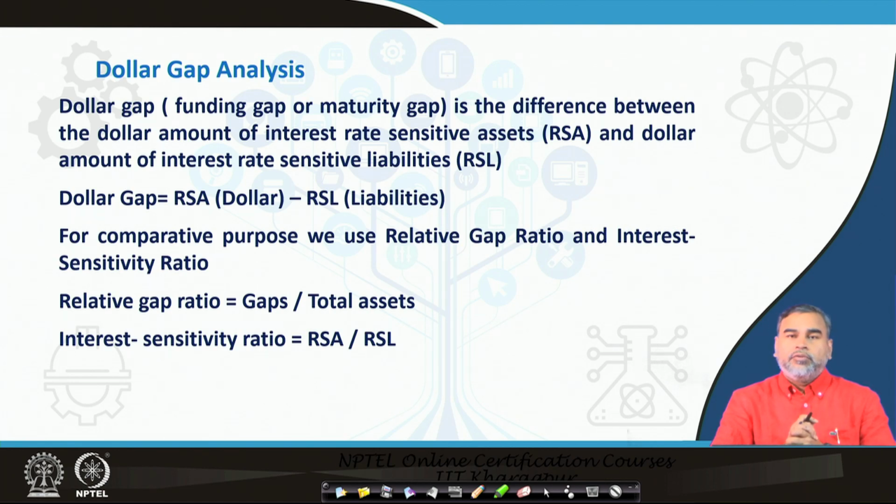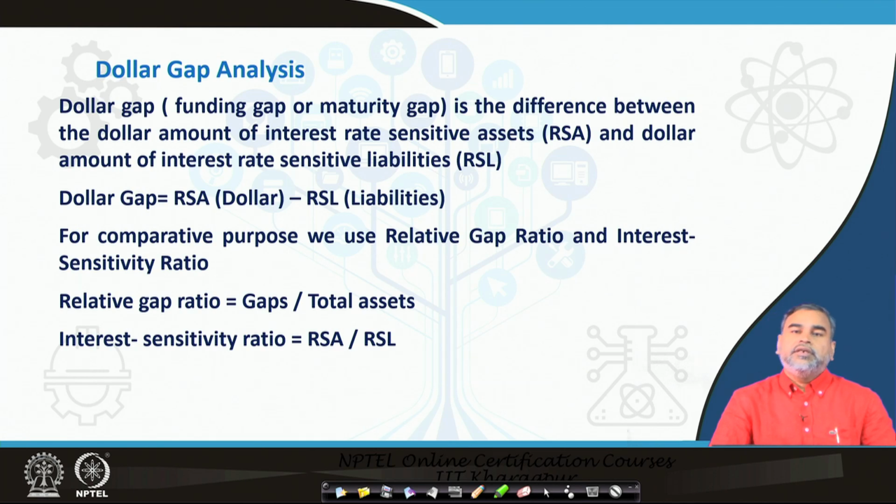All of you know that whenever you go for common size statements, we divide the variable by total sales or total assets. Using the same concept in the context of the dollar gap, we find a relative gap ratio. The relative gap ratio is nothing but the total dollar gap divided by the total assets.